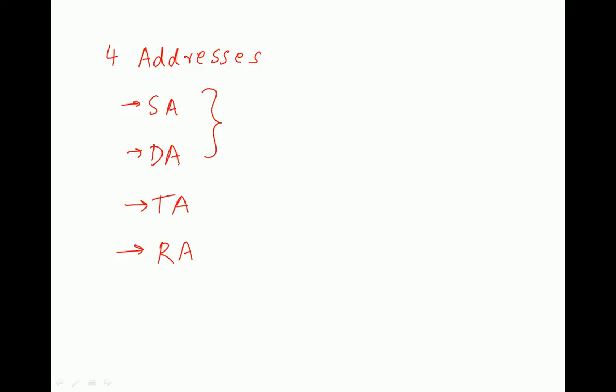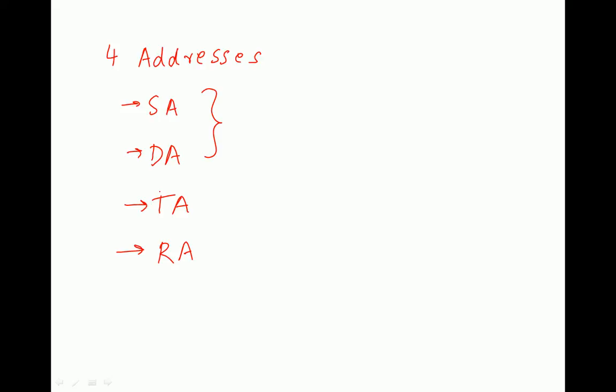The next field, just like the source address, is the destination address, which is going to be the final destination MAC address of the frame. Let's say you and your friend are connected to a wireless LAN, and both of you are connected to the same SSID.